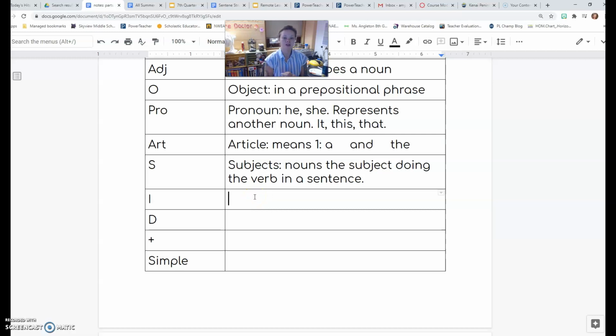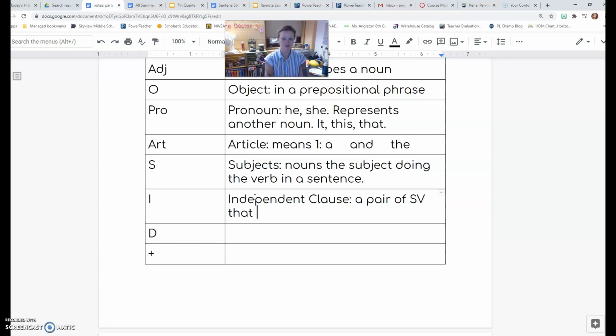Okay, I. When you see I, that's an independent clause. A clause is a pair of SV, so subject verb, that can stand on its own. I'm just going to go really basic so that you understand this today.